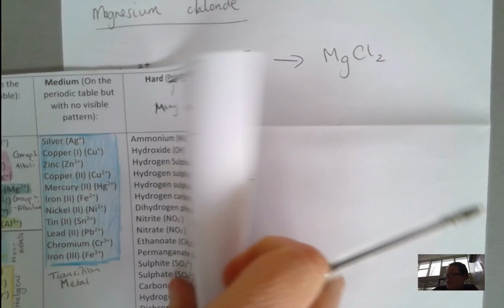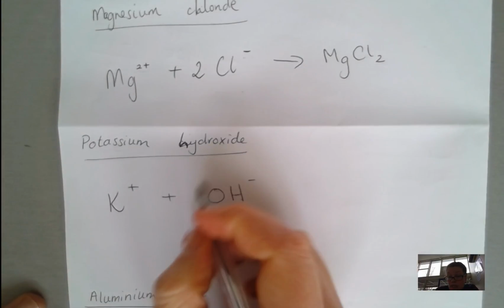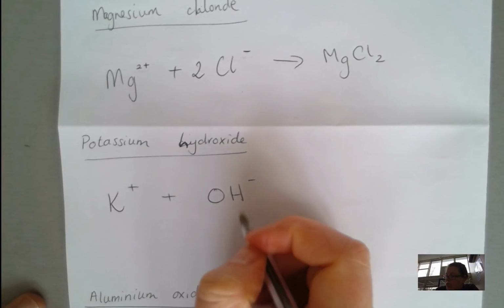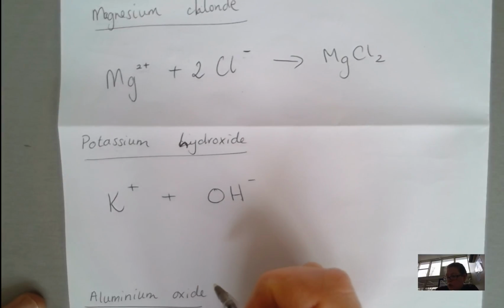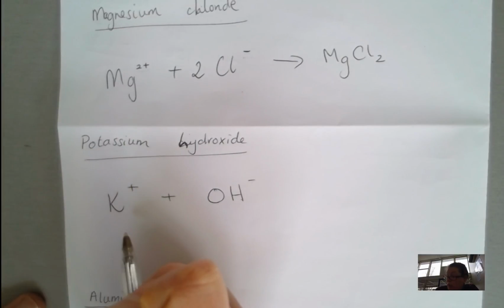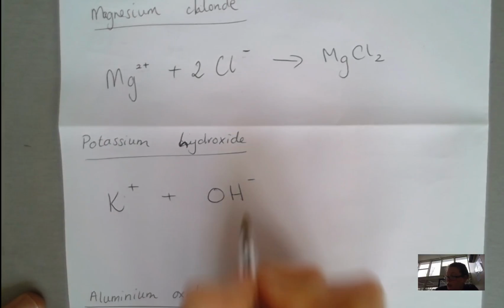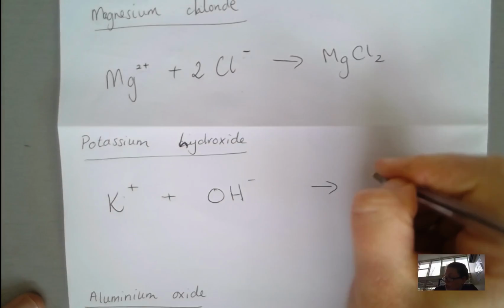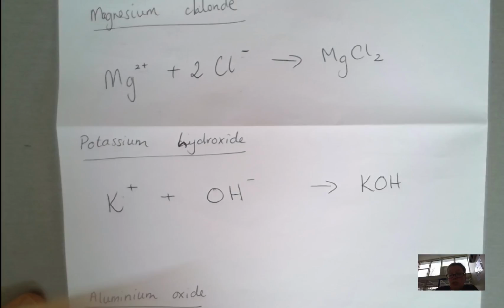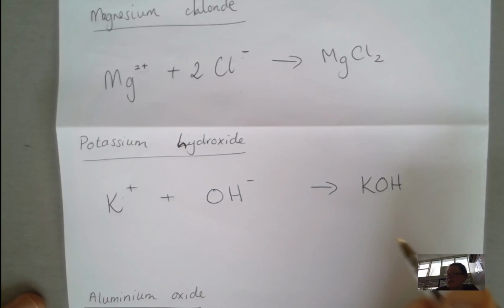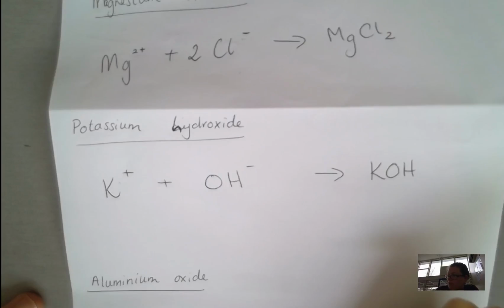As a polyatomic ion, it's bonded covalently and it has 1 space for an extra electron. So it works out well because potassium is getting rid of 1 and hydroxide takes 1, so we don't need multiples of that. We just write it as KOH, and it would be pronounced potassium hydroxide.